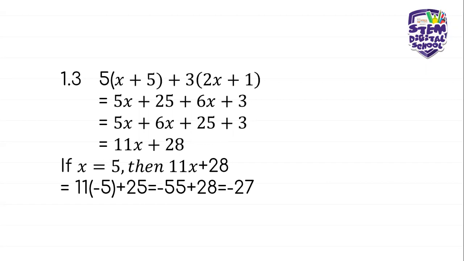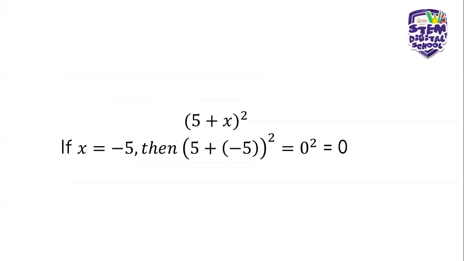And then, of course, you can do the same in 1.4. You just substitute, and then you see in 1.4, 5 minus 5 will be 0. And then 0 squared is the same as 0.